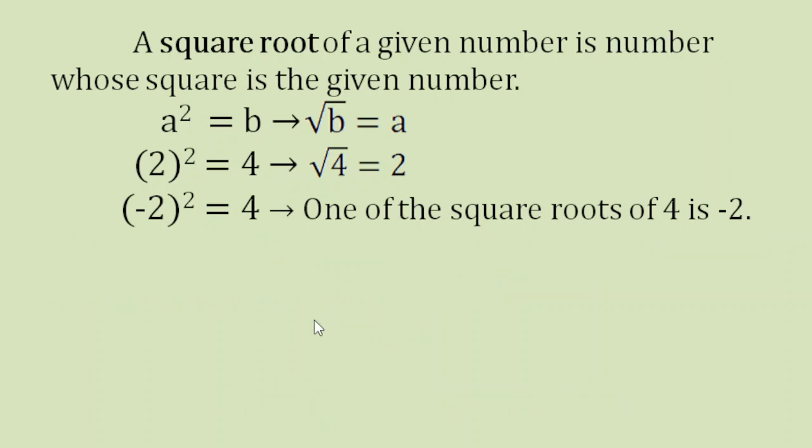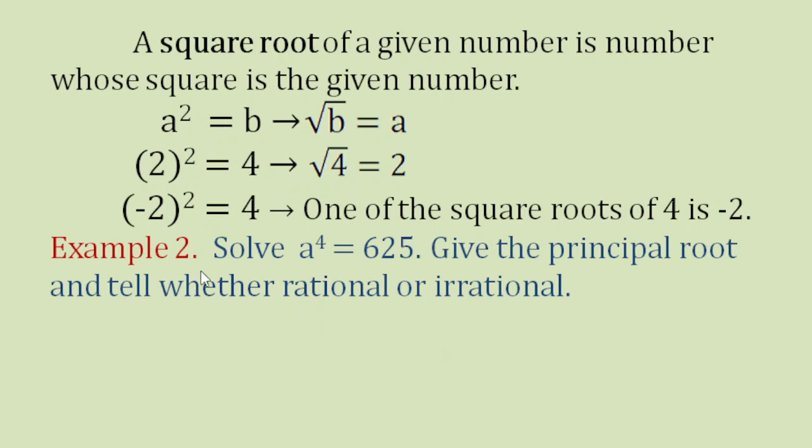Let's do another example. Solve a to the power of 4 equals 625. Give the principal root and tell whether rational or irrational. Now, to get rid of the 4, we are going to find the fourth root of both sides.